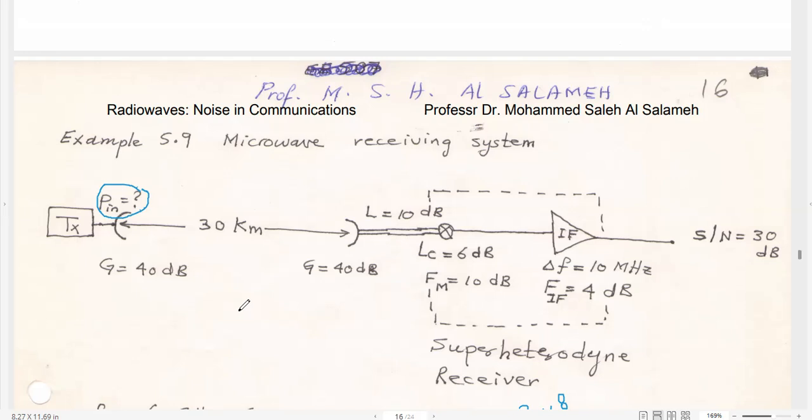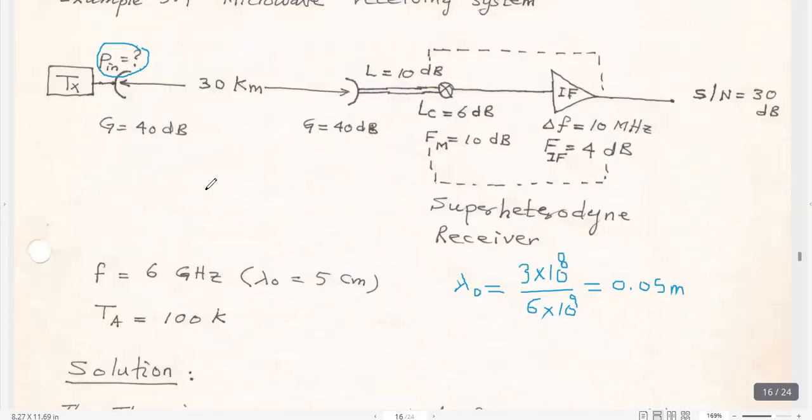For the IF amplifier, delta F is equal to 10 megahertz, and F is equal to 4 dB, and the required signal to noise ratio is 30 dB. So we want to find the input power to obtain this. The wavelength we said is 5 centimeters, and T antenna is 100 Kelvin.